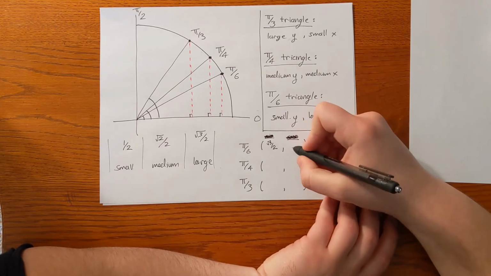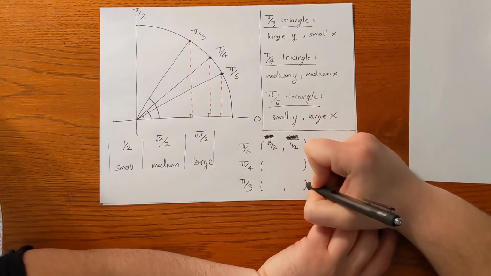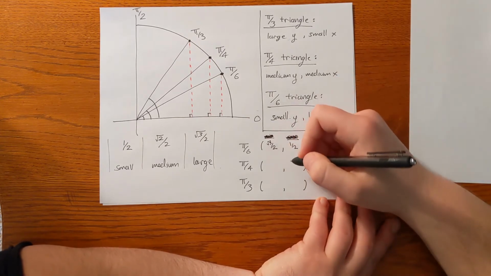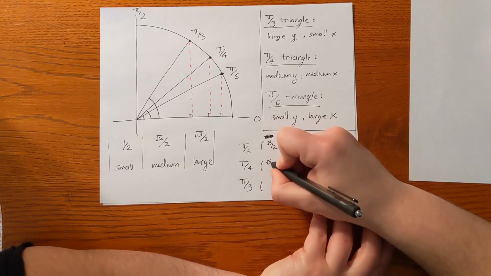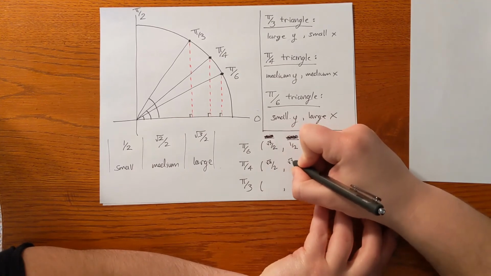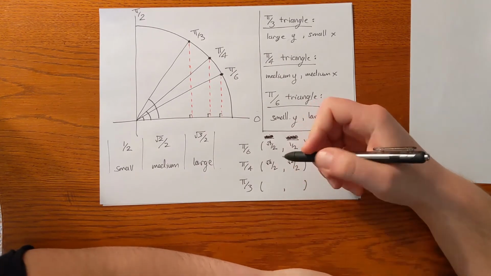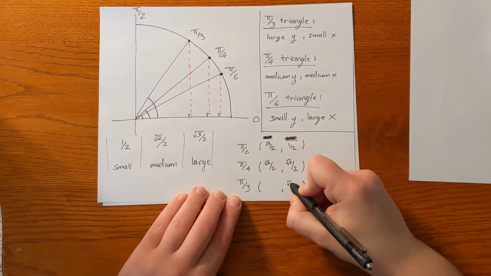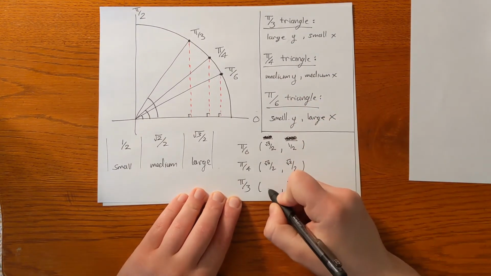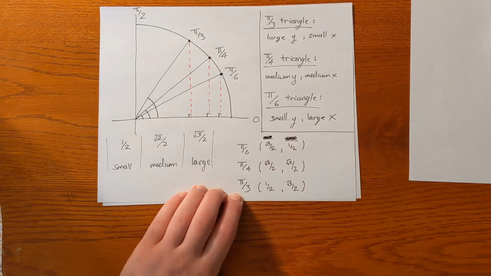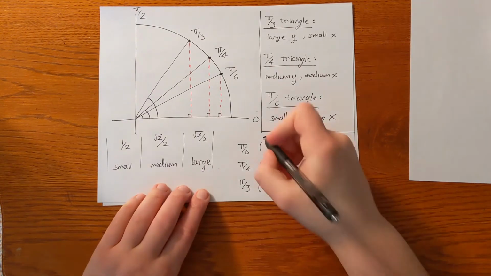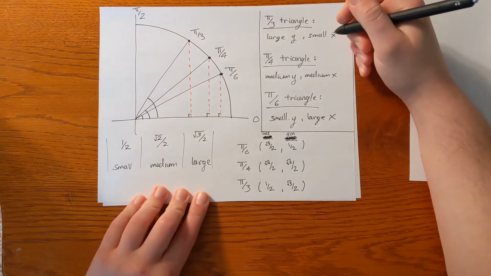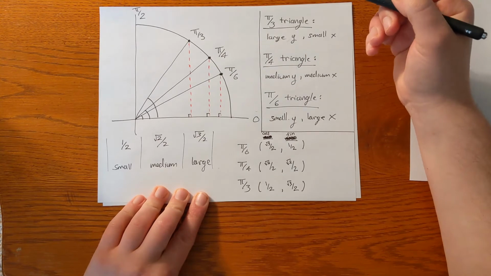And it's got the smallest y-coordinate, so that's going to be 1/2. Then for pi over 4, they both have the medium x and medium y, so both of those are going to be rad 2 over 2. And then pi over 3 has the largest y, so its y-coordinate is going to be the largest number, and its x-coordinate is the smallest one. So here's cosine, and here's sine of each of those three standard angles.